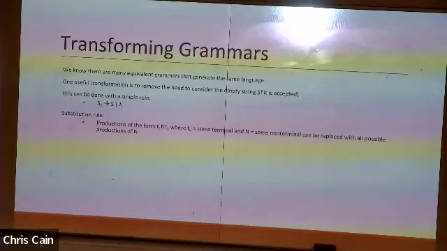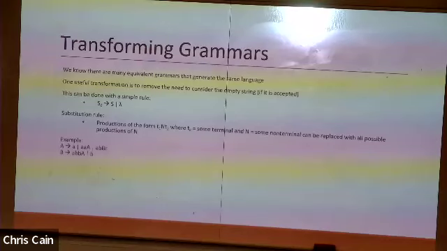So maybe N is lowercase a or lowercase b. We could have two production rules here where we have T sub 1 a T sub 2, or T sub 1 b T sub 2. And that would be equivalent to T sub 1 N T sub 2, where the N is the non-terminal. We just replace N with all possible definitions of N from the productions that define what N is.